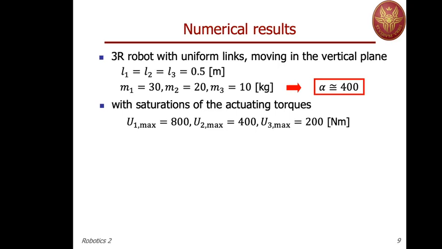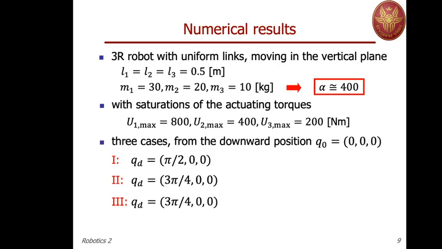In the simulation that we have made, we also included, for making it more realistic, some maximum bound for the applied torque, again decreasing from one joint to the other, so 800 Newton meters maximum for the first joint, 400 and 200 for the following ones.